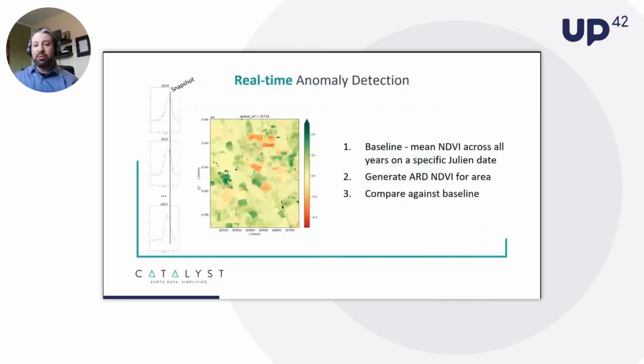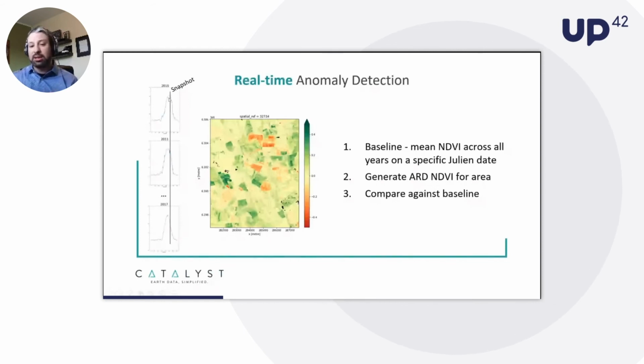From there, we can do what Griffin performed, which is the anomaly detection, which takes a particular snapshot in time. Say today's date, we capture an image and calculate the NDVI for today's date after doing the analysis-ready data conversion. Then we compare that to the average or max NDVI value for the same Julian date across all the previous years where we have historical data.